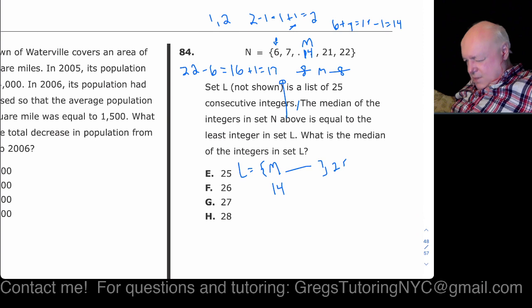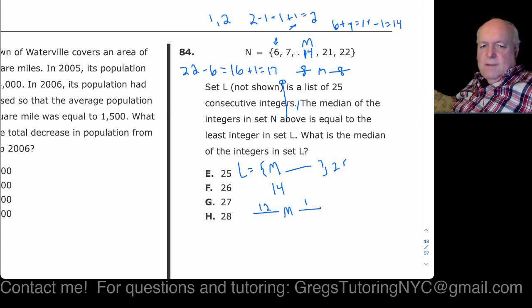So we basically need to reapply the same kind of thing here. If there are 25 numbers in L, we basically have 12 numbers, L's median, and 12 more numbers. So what we need to do is, from 14, count up 13 numbers. It's going to work the same way we did this.